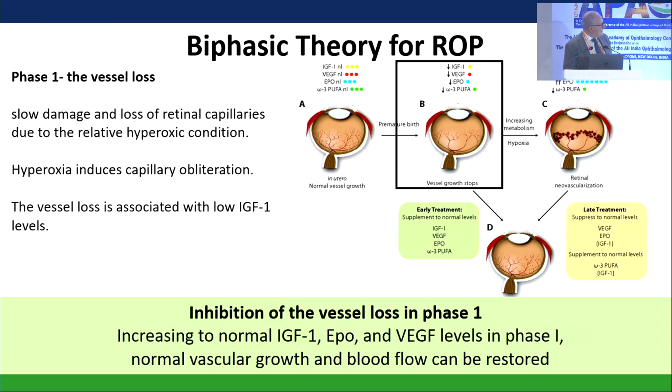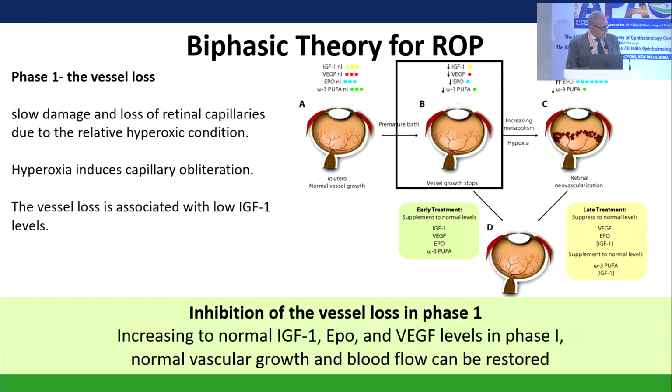Well, the first phase is vasoconstriction, where we have a loss of vessels due to relative hyperoxia. And you see here the actors that play this game are essentially the same: HIF-1, VEGF, EPO, and the omega-3 fatty acid.